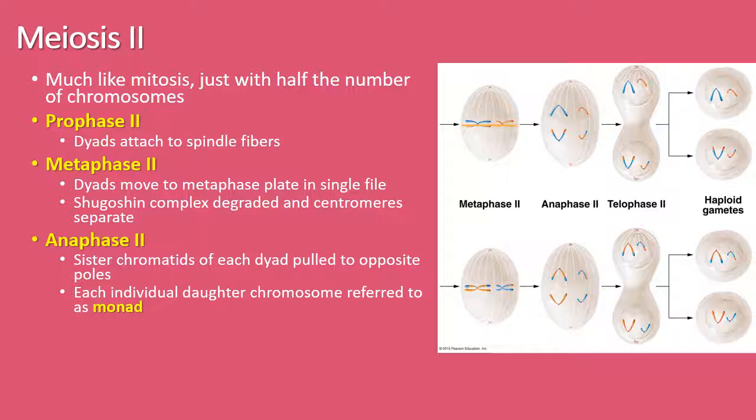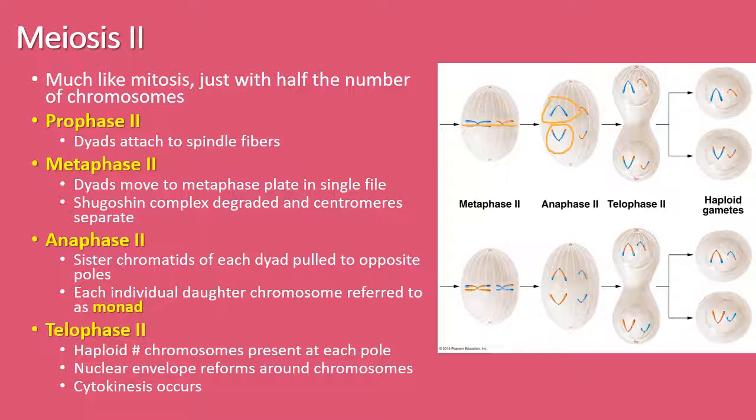During anaphase 2, the sister chromatids are pulled to opposite poles. Once the individual daughter chromosomes are visible, they're called monads. And then during telophase 2, you have a haploid number of chromosomes at each pole. The nuclear envelope forms around the chromosomes, cytokinesis occurs, and you have formation of your haploid gametes.